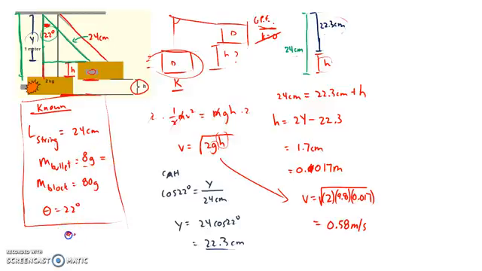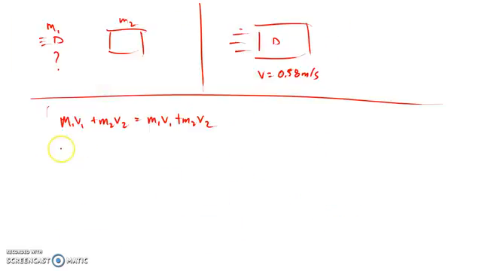So 8 grams times how many grams? 1,000 grams in 1 kilogram. The word kilo means 1,000. So it's divide by 1,000. And what you're going to see is that gives me 0.008 kilograms for the mass of the bullet.